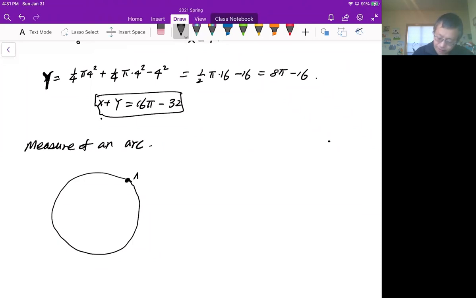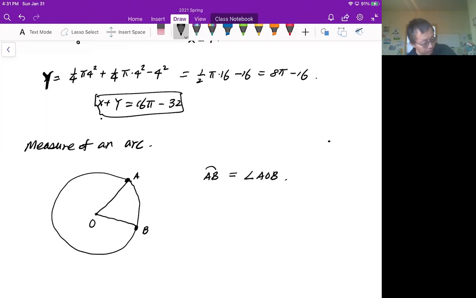Assume that this is A and this is B, and this is the center O. The measure of the arc AB is defined to be the angle AOB. The measure of the arc is the same as the central angle cut in that way, right? So that's our definition, okay?